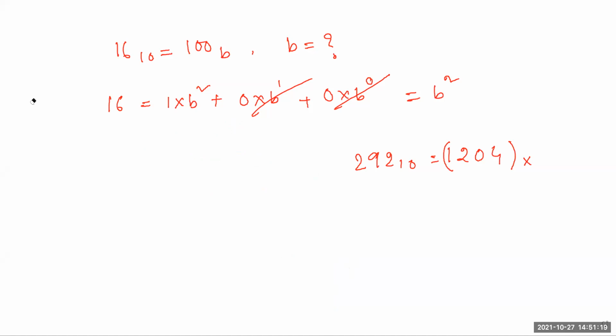Okay. So it is given 292 base 10 equals 1204 base x. Here I am writing it as 1 into b cubed plus 2 into b square plus 0 into b to the power 1 plus 4 into b naught.